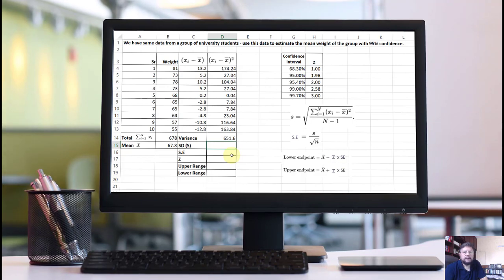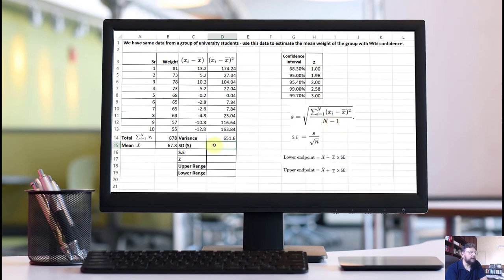To get to standard deviation, there are two possibilities. If we had data from all the group, which we call the population, then we would use a slight difference from this formula, because we don't have a -1. But whenever you have a sample, you would use a -1. So in this case we have a sample.